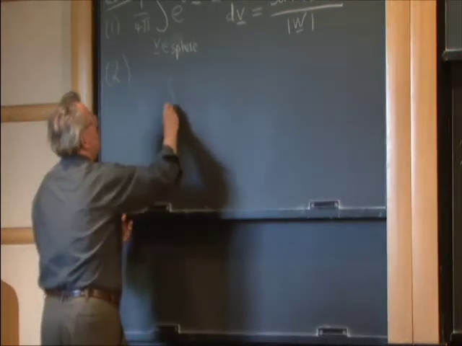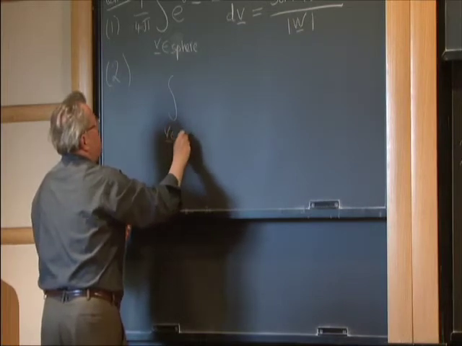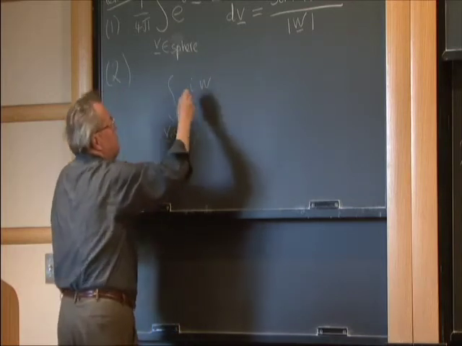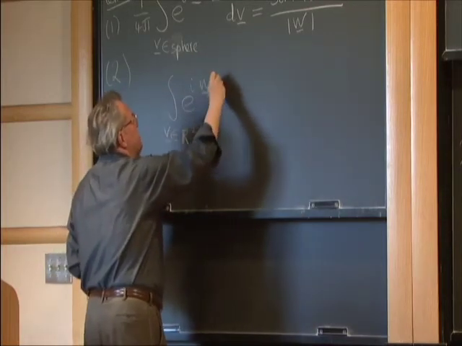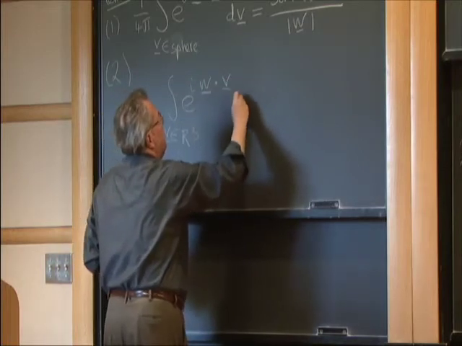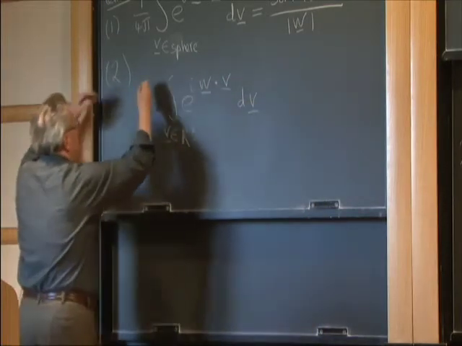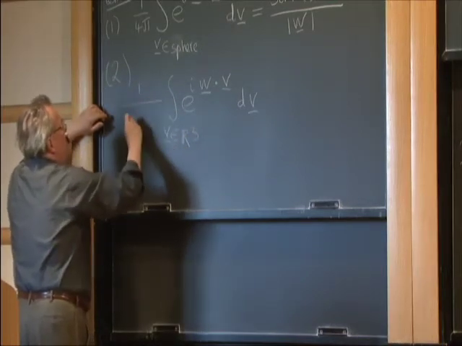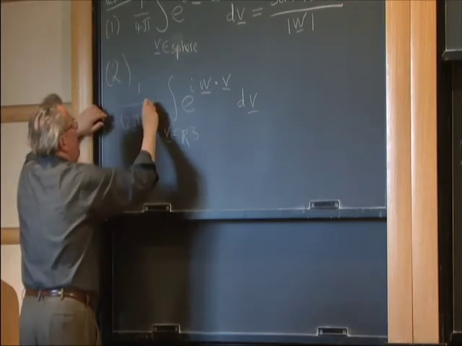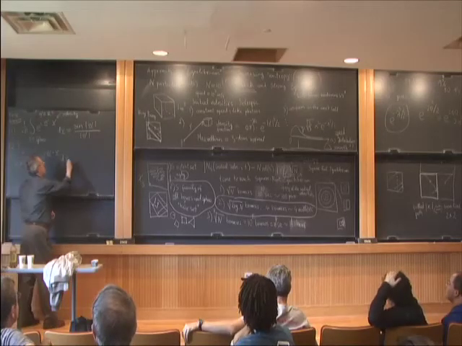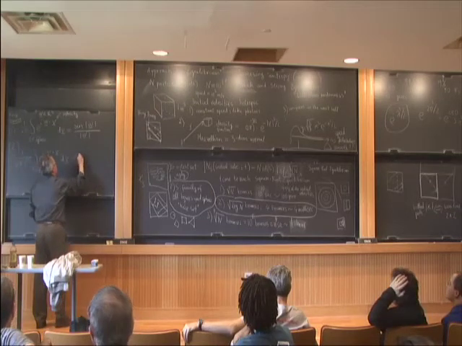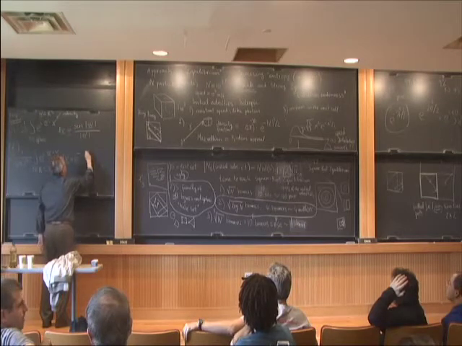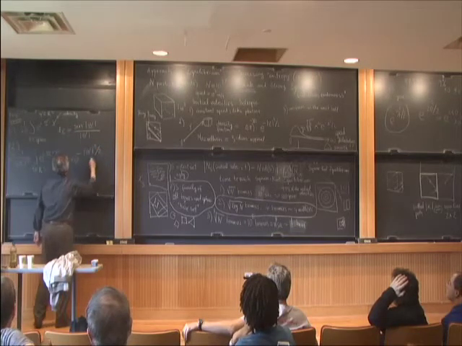So V runs over the 3-dimensional space, and e to the i w dot v dv, of course i is the square root of -1 because of Fourier series, and now I have to divide by 2 pi to the 3/2, which means normalization, and then I get e to the negative w squared over 2.